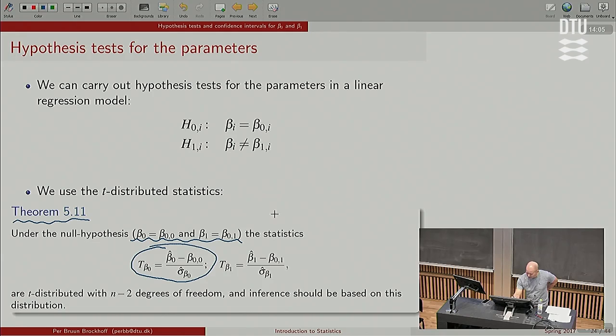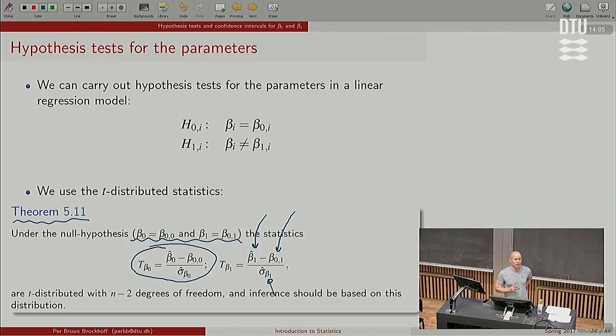If I take the computed slope, subtract the hypothesized slope, divide by the standard error of the slope, I have a standardized error.